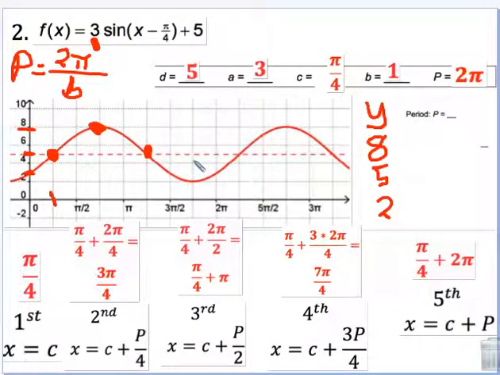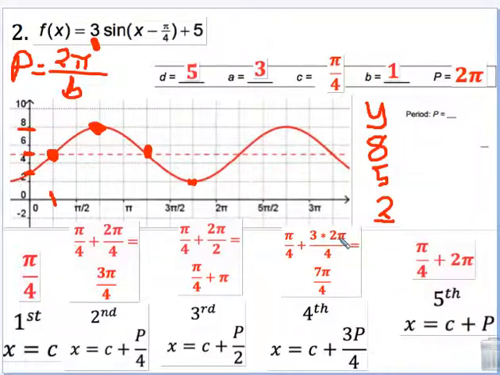All right, and then our next point is our minimum, right down here. Our y value is 2. And then our x value is going to end up being 7 pi over 4. The way you calculate that out, take your period, which is 2 pi, times 3, divide by 4. With our c value being pi over 4, I'm just going to add and multiply everything out.